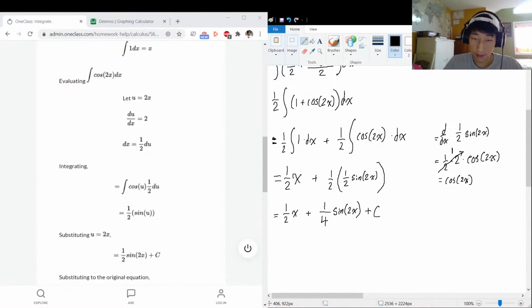That's the plus c term every time we do an integral. So don't be like me and forget that once. With the constant of integration, we can say that is the integral of cos squared x dx.